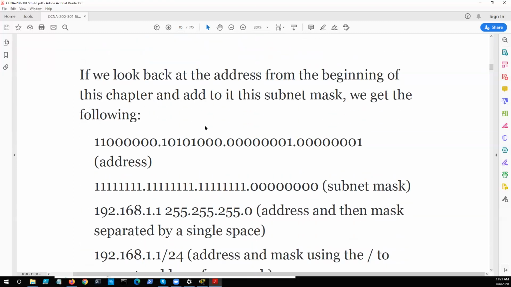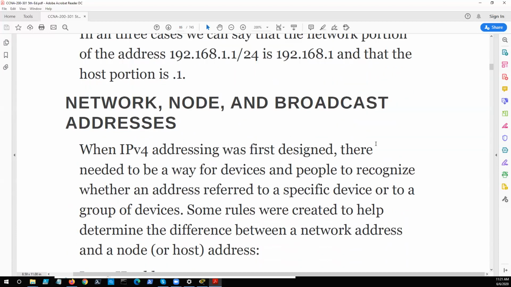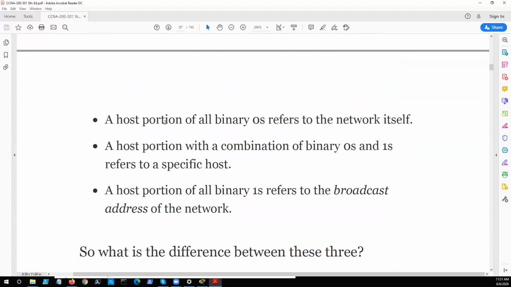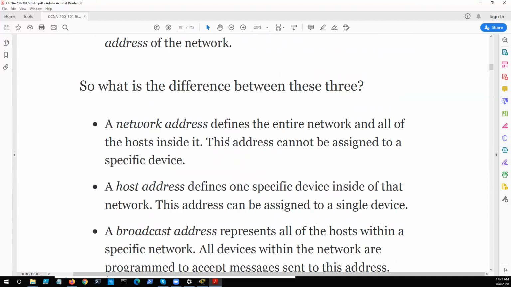So if you're gonna look back to this one, obviously this is 1. So ito yung subnet mask, okay? And this is the host ID. Ibig sabihin, .1 kasi may 1 doon sa dulo. So network, node, and broadcast address. So host portion, always 0. Net portion, always 1. Tandaan nyo na.